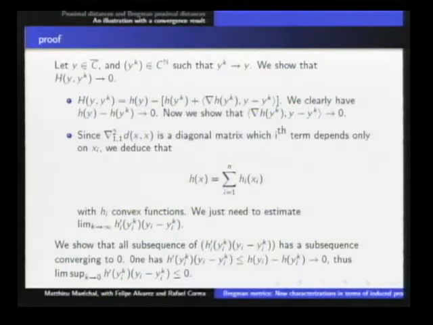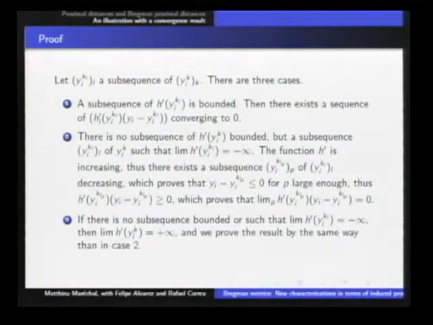Now, what is missing is to show that this property is true for every subsequence, because if the lim sup is less than or equal to 0, all subsequences will converge to a quantity which is less than or equal to 0. Thus, this property is true for all subsequences of this sequence. Now I take a subsequence of the sequence, and I distinguish three cases.